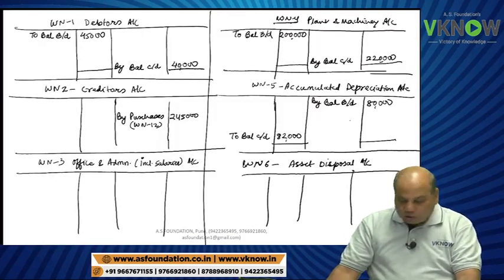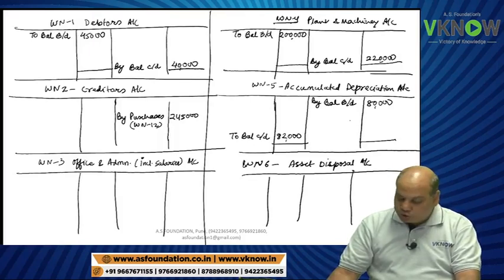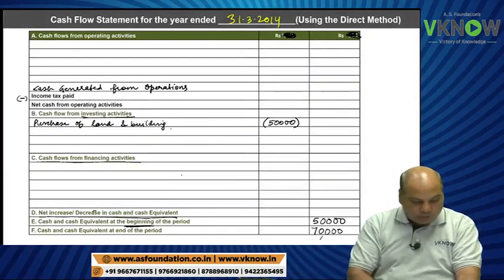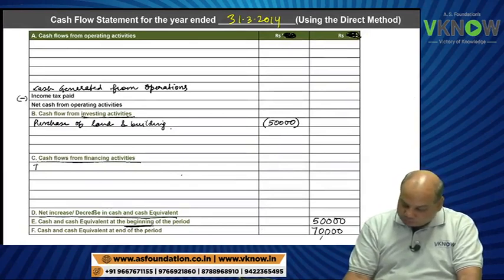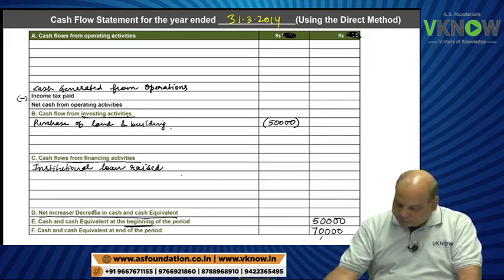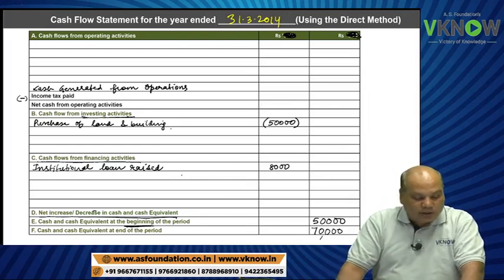For institutional loan, there is no working note. That means the difference is institutional loan raised. So come to financing activity, 23,000 minus 15,000, 8,000. Write down financing activity, institutional loan raised, positive number 8,000.